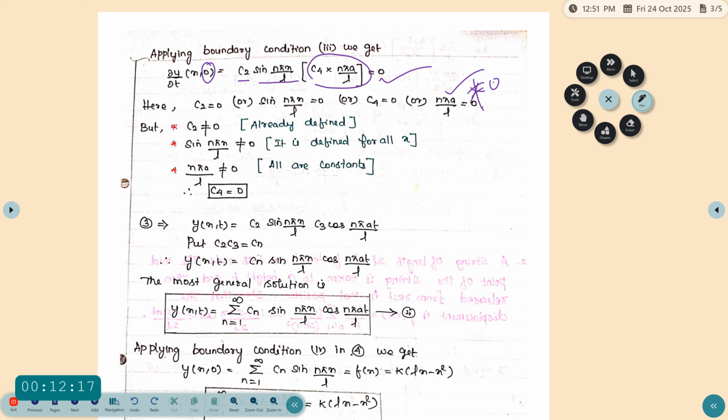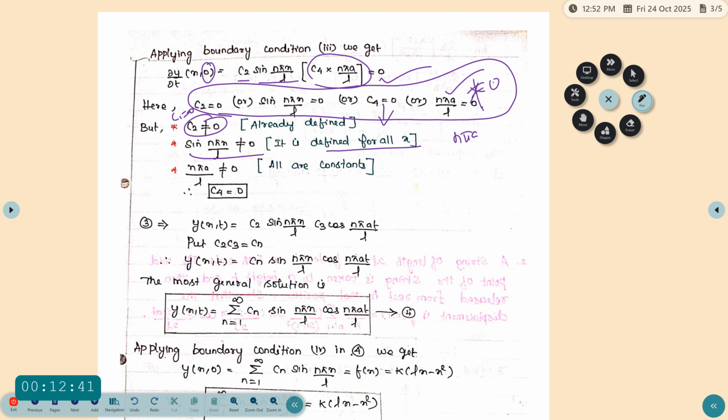C2 is not equal to 0, because C1 equal to 0 is already defined in boundary condition 2. Then sin n pi x by L is not equal to 0 because it is defined for all x. Then the only possibility is C4 equal to 0. These are the four possibilities for the 0 option; let us check one by one.